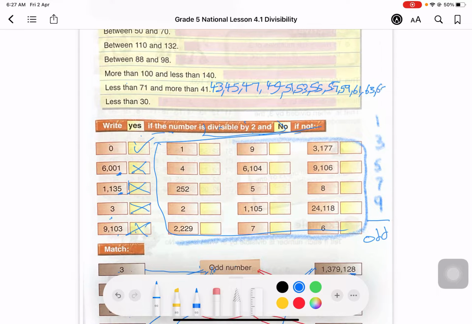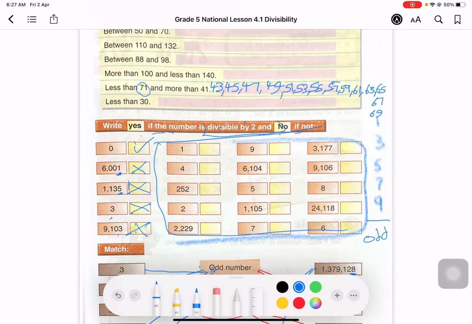Then 65, then 67, after 65, 67. Okay. I need to reach less than 71, 67, 69. Then 71 will come.